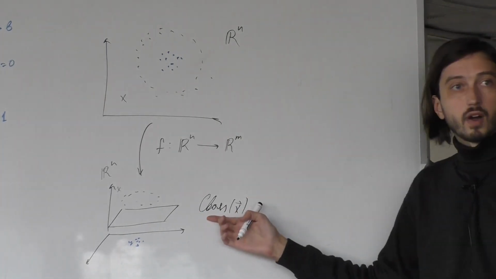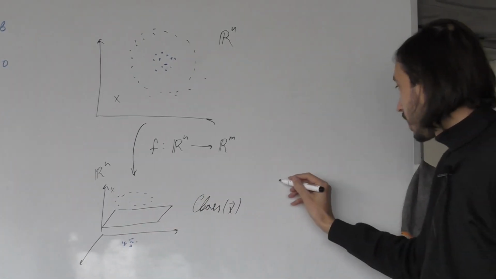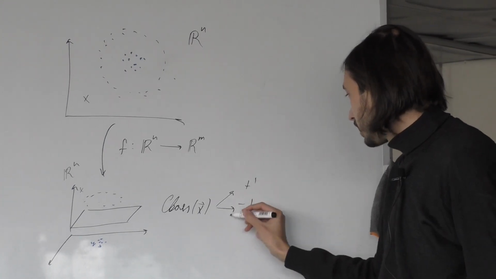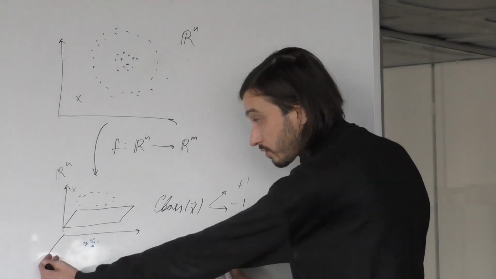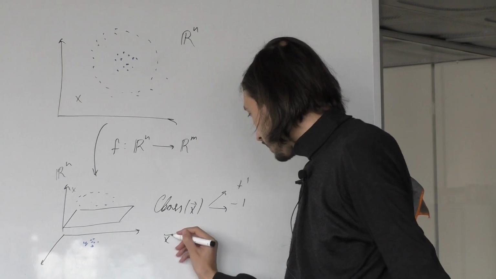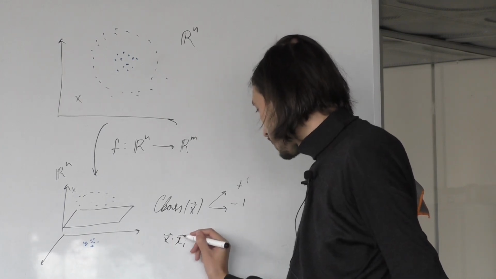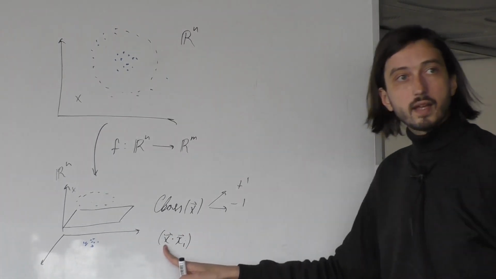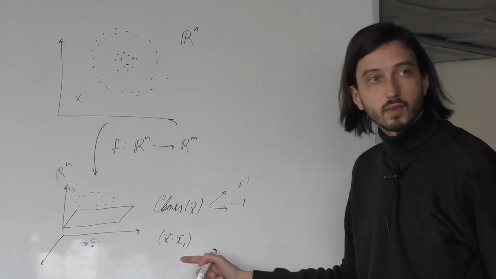This is some sort of function that maps my x into a class, +1 or -1, so in here or in here. When I write an analytical expression for that, it will contain only x scalar product with some points from the data sets, some xi's. It has no free x. It has only these sort of scalar products.